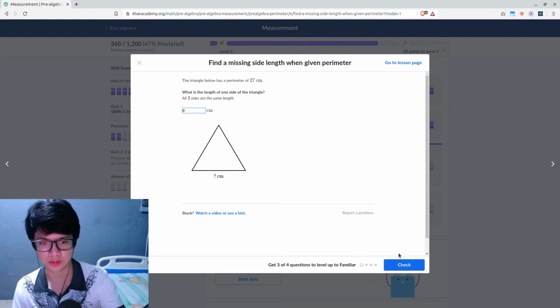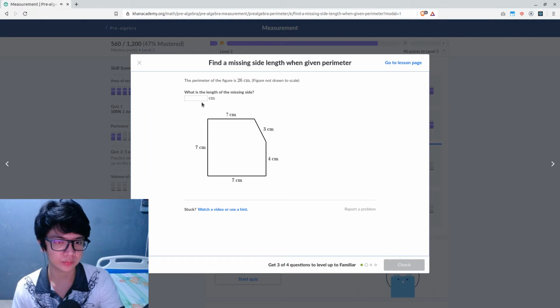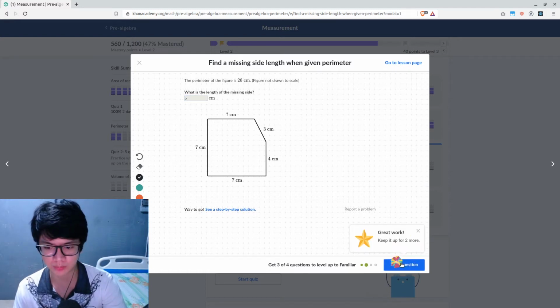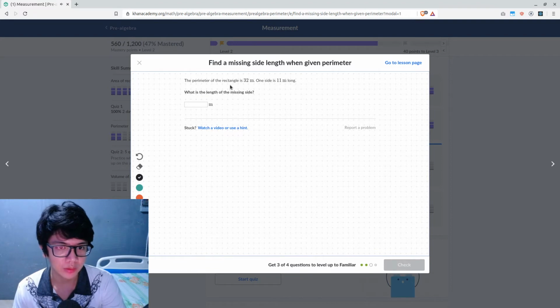Okay, it's given 9. Oh, okay. The perimeter of 26. So 14, 18, 14, 18, 21, 5. The rectangle's perimeter is 32. One side is 11. We've already solved this, right? It's 5.